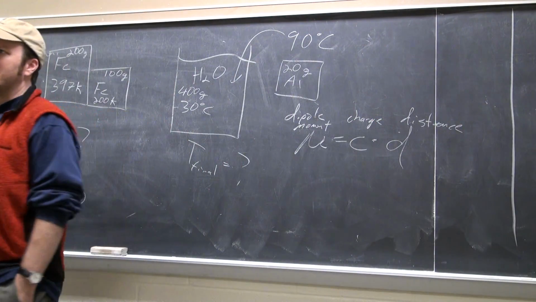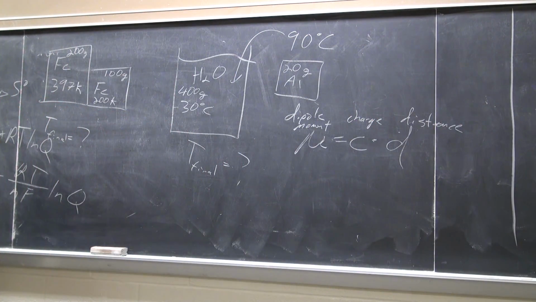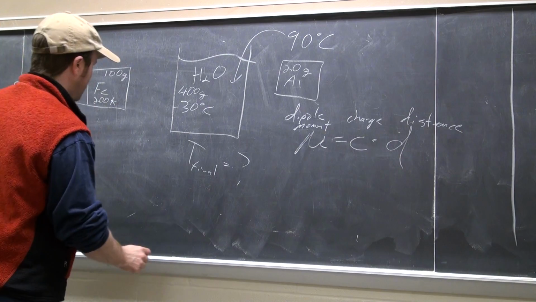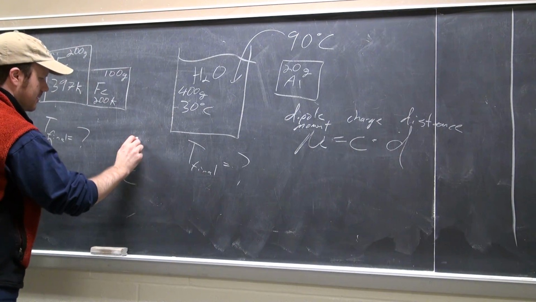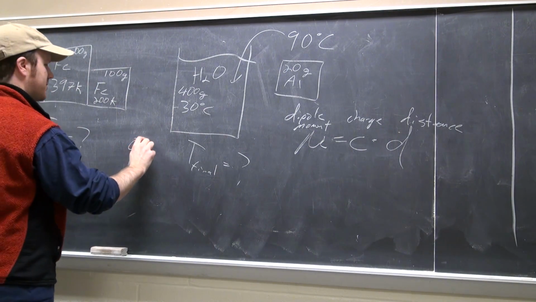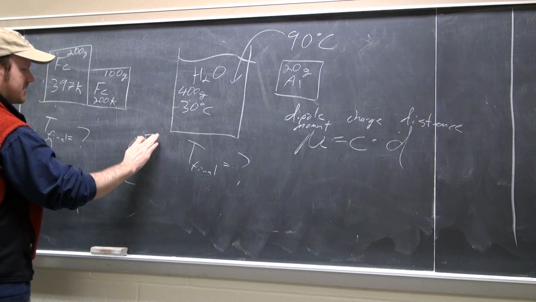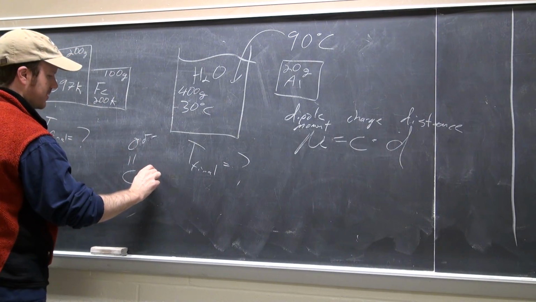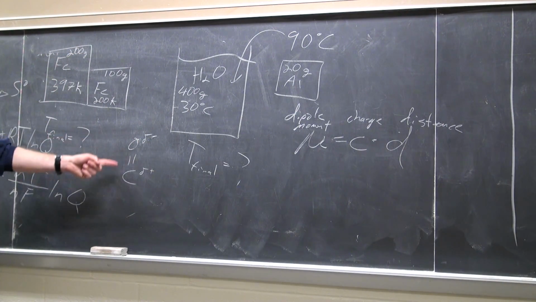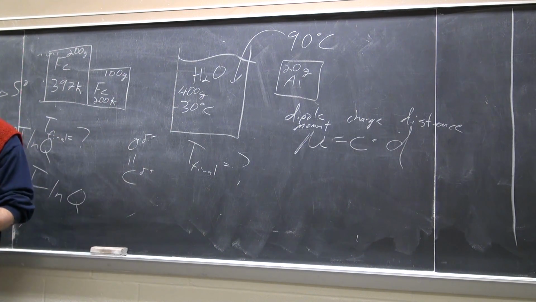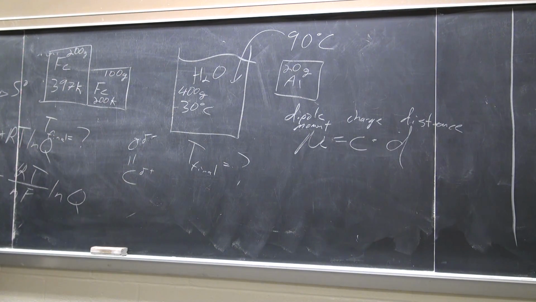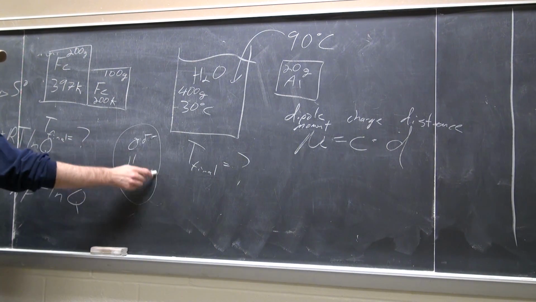So what's a dipole? Two charges with a distance. That's not necessary. It doesn't have to be two charges, but some sort of imbalance of charge, right? So we have your delta minus, delta plus here. So it's an imbalance of charge. So this is a dipole. What's the difference between a dipole and a dipole moment? Well, a dipole is just the thing, right?